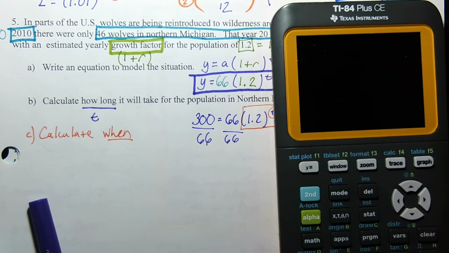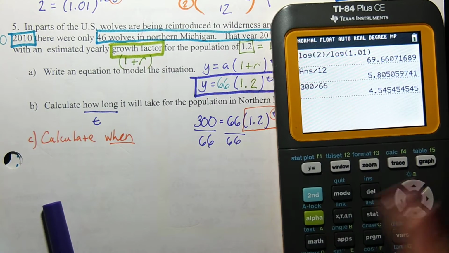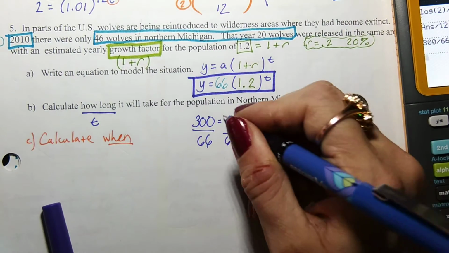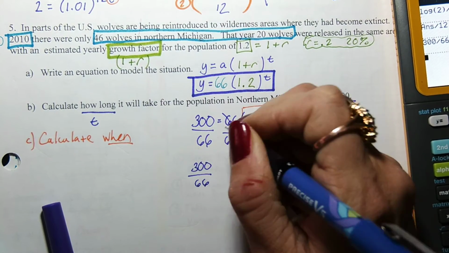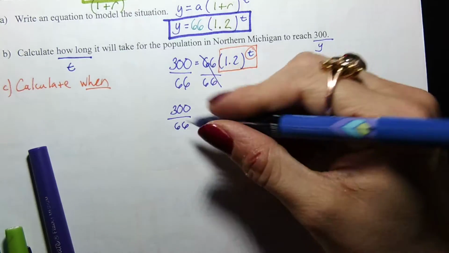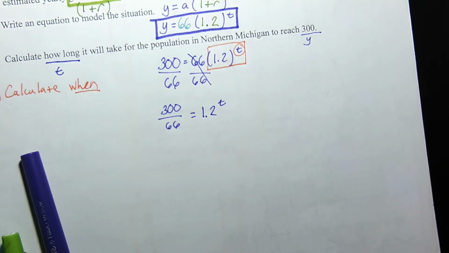Now, 300 divided by 66, yeesh. We don't want to round it because rounding on rounding on rounding leads to less exact answers. So because that comes out so grossly, we're just going to roll with the fraction for right now. So, all right, 300 over 66 equals 1.2 to the t.